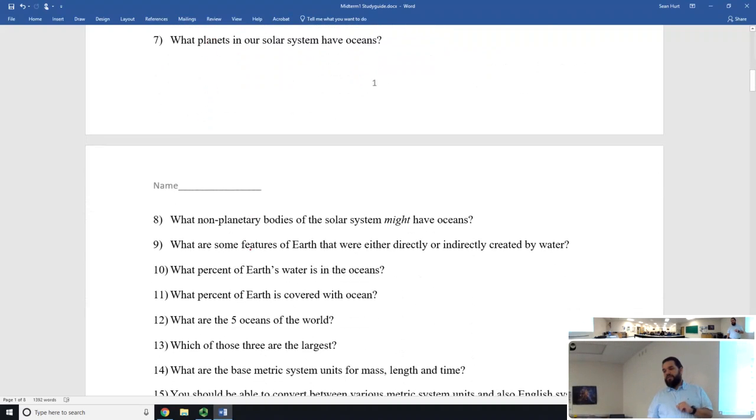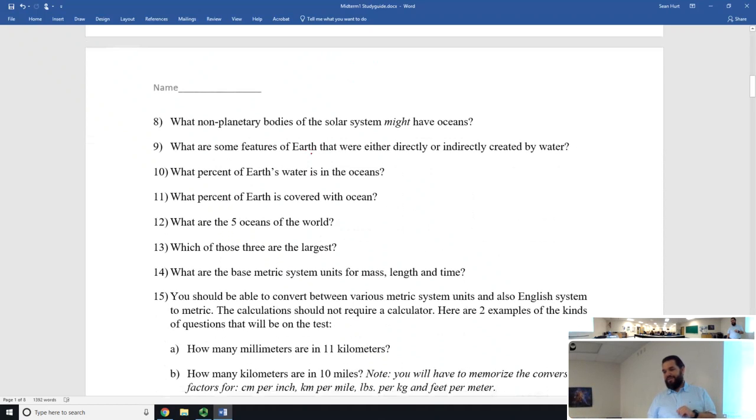All right, what planets in our solar system have oceans? You know that it's just the Earth, right? I'm not going to spell everything here, but I'm just going to put a symbol. To date, we don't have really rock hard evidence of water on any other planets, at least not in our solar system. However, there are some planetary bodies where we think there might be liquid water, perhaps even oceans.